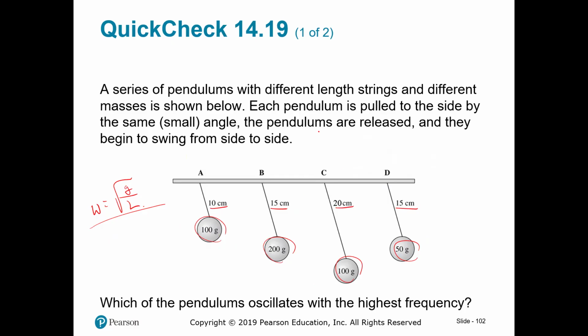So then maybe the pendulum release, and then they begin to oscillate. So what are you looking for? Which pendulum oscillates at the highest frequency, right? So you have to change this equation in terms of frequency. Omega and frequency have this relationship, and then your frequency is 1 over 2 pi root g over L. So in order to increase frequency, you have to decrease your length. So the answer is A.